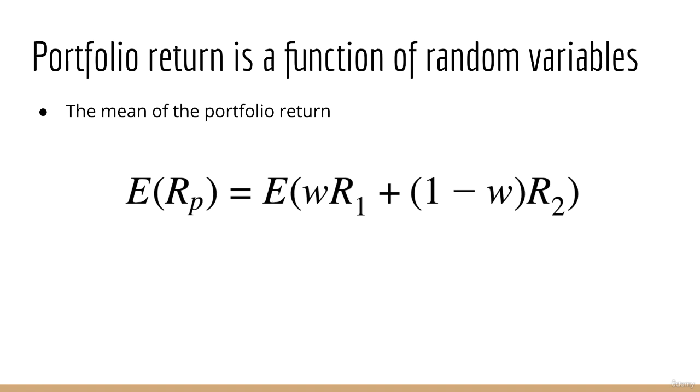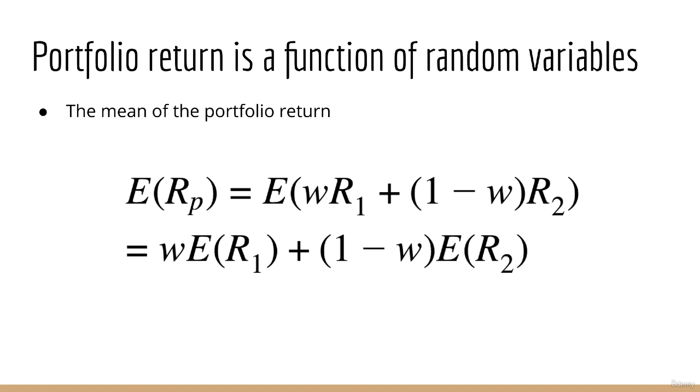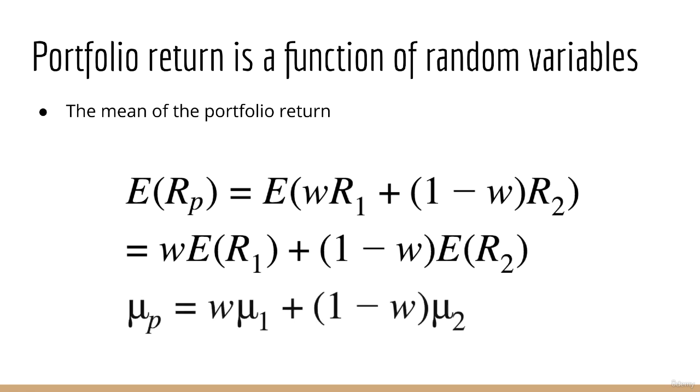Well, that's just the expected value of R sub P. If we take the expected value of both sides, what happens? Firstly, we can split up the addition since the expectation is a linear operator. Second, we can pull out the w's since they are not random variables. Thus, the mean of RP is just the weighted sum of the expected return on each asset.